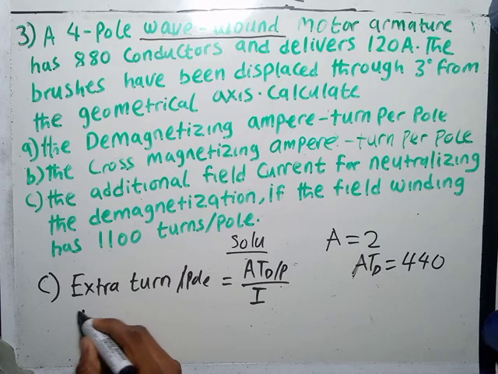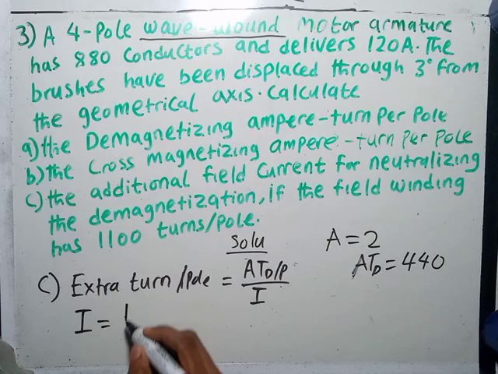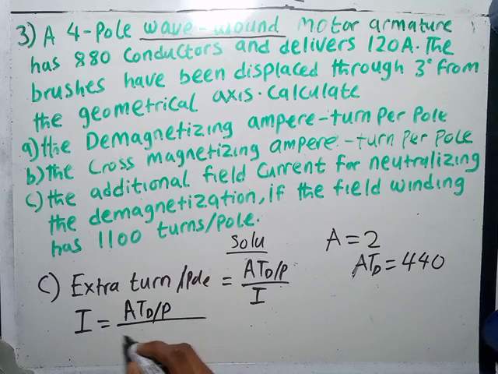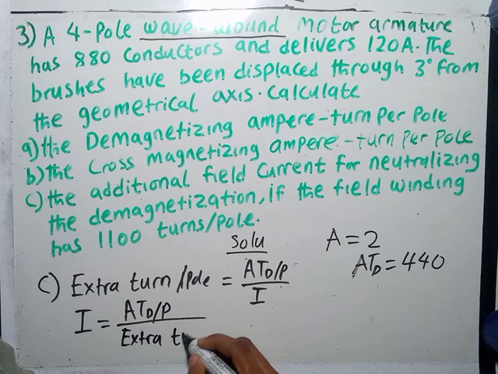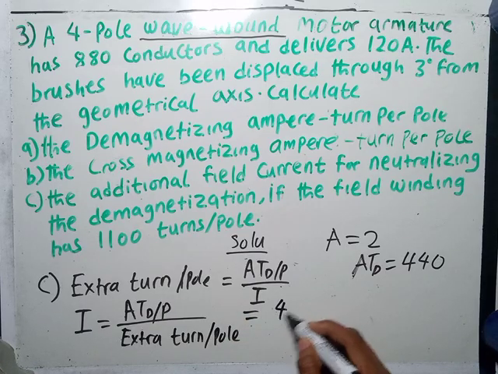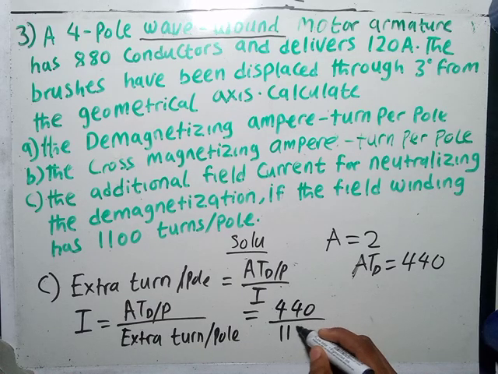So we'll be making I the subject of the formula. Now making I the subject, we have that I is equal to your ATD per pole all over your extra turn per pole, and inputting our values, we have 440 all over the extra turn per pole, which is 1100.